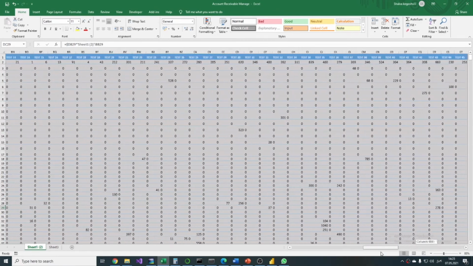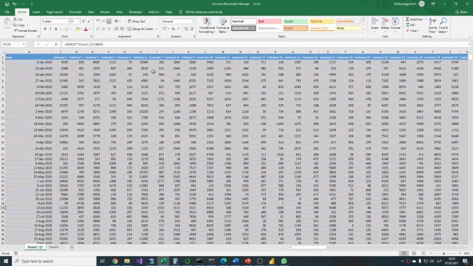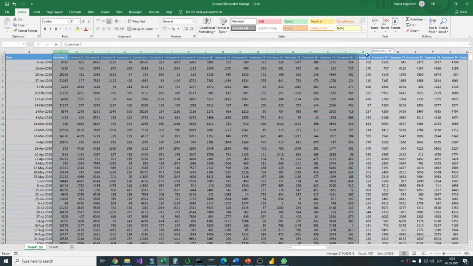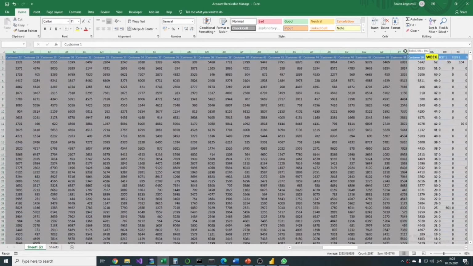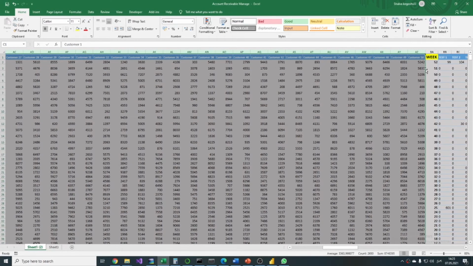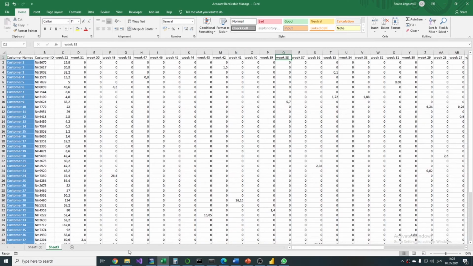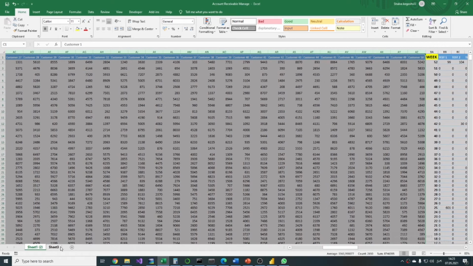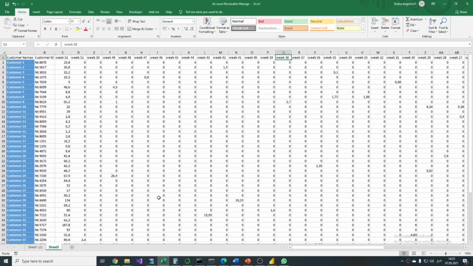Actually there are 3 tables, based on this static table with the customers and balances, and we are testing every one of the 52 weeks. Another table should transpose this table for better data visualization.